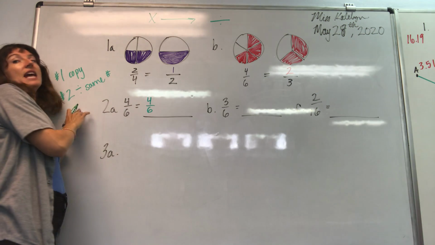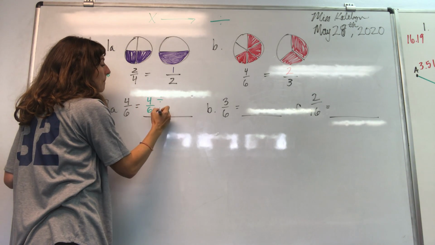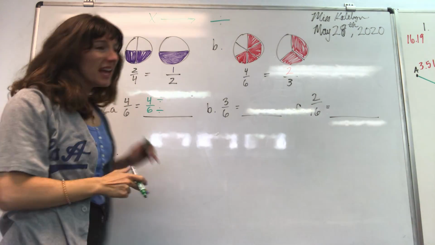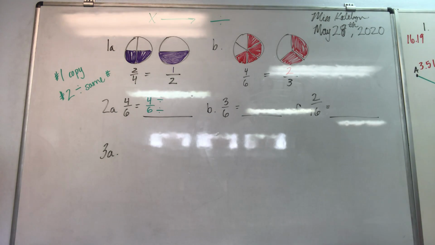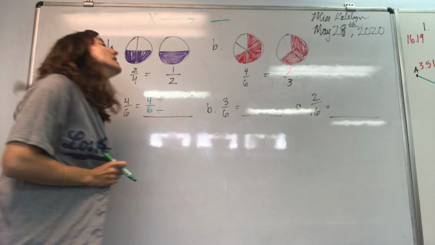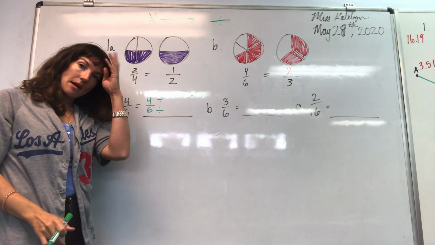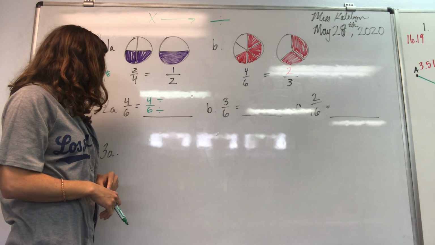And then today we're going to divide by the same number, top and bottom. They want us to divide by whatever number is going to take it to the lowest terms, okay? So you have to know what number can divide both the top and the bottom.